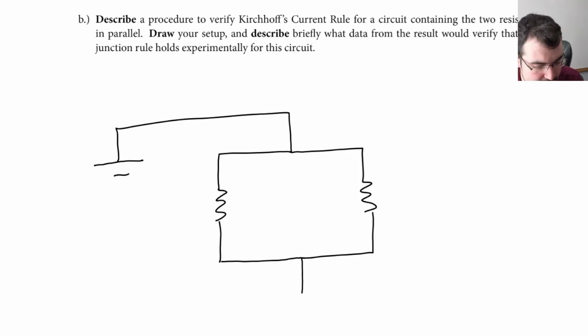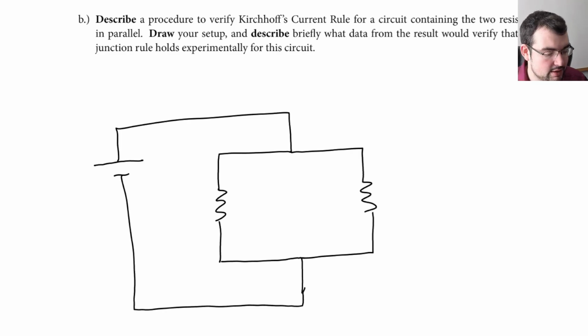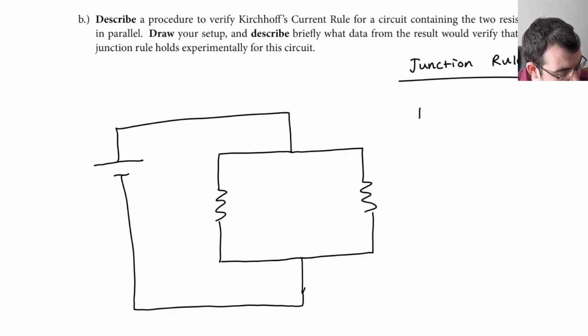So again, this is a parallel circuit, and Kirchhoff's current rule is also called the junction rule, which means that the current in is equal to the current out in our circuit.